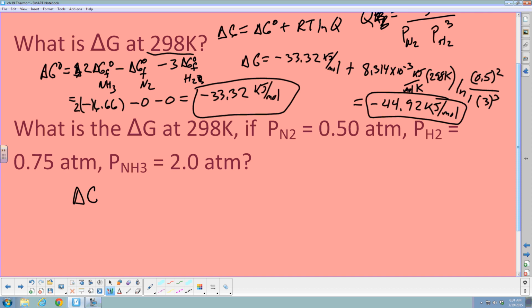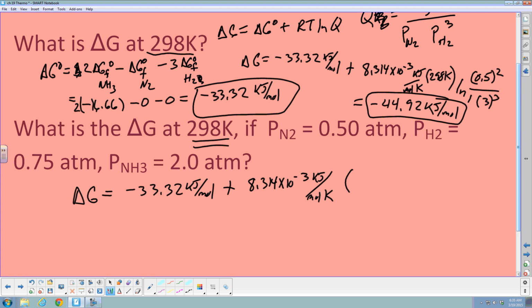So delta G is equal to -33.32 kilojoules per mole plus R, 8.314 times 10 to the minus third kilojoules per mole Kelvin, times the temperature. It's still 298 K, right? Times the natural log of my Q.